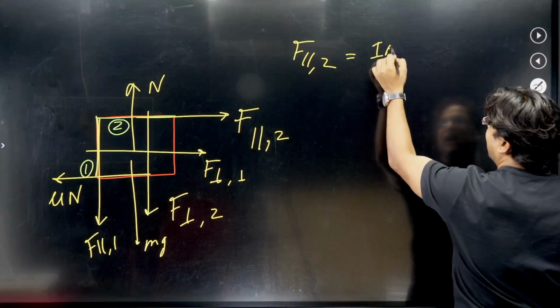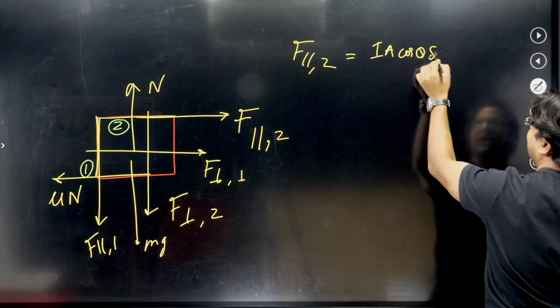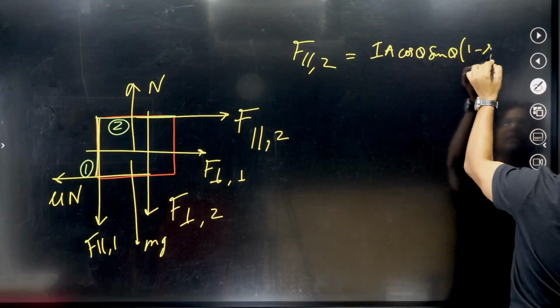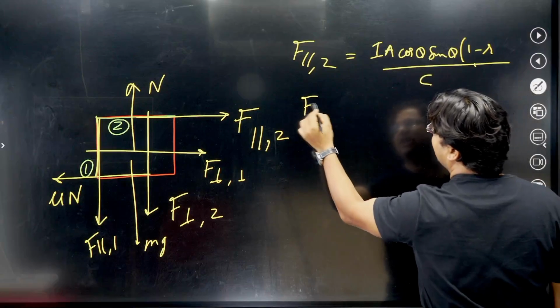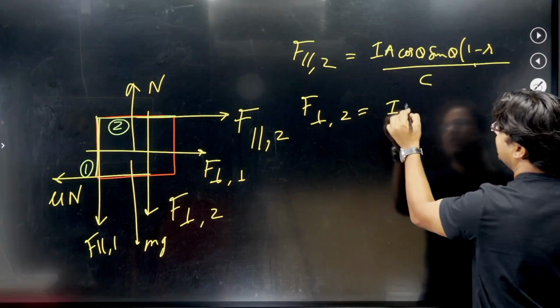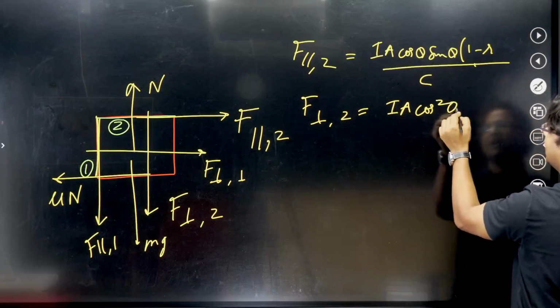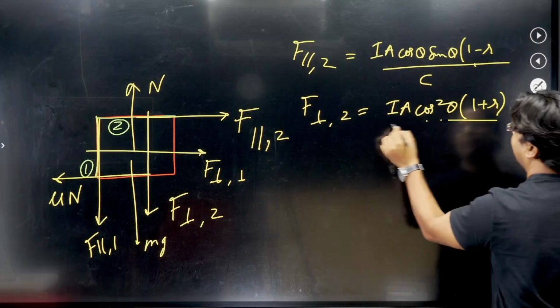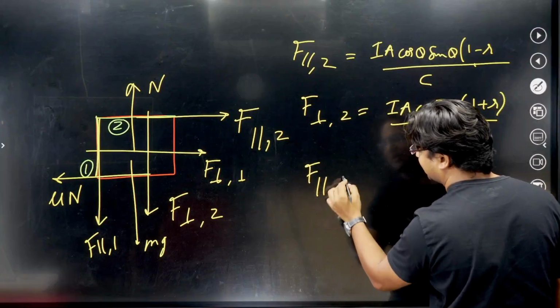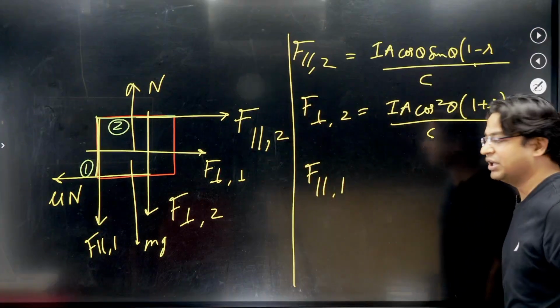It would be IA cos theta sine theta (1 minus r by c). Similarly, F perpendicular for the second surface would be IA cos square theta (1 plus r by c). But when you write F parallel for the first surface, now you need to be careful.